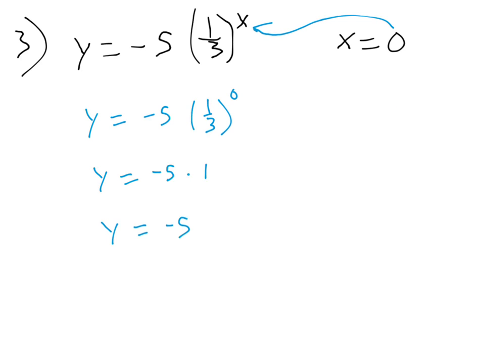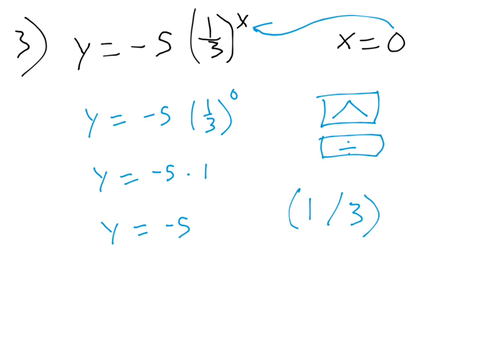Anyway, it'll do that. If you're using a physical graphing calculator, there's a button that has an arrow that points up like this. It's right above divide. And this is the exponent button. So if I wanted to do 1/3 to the 0, I type in parentheses, 1 divided by 3, and then the exponent button, and it'll give me a 0 there. So make sure you know how to use a calculator to get these exponential values.